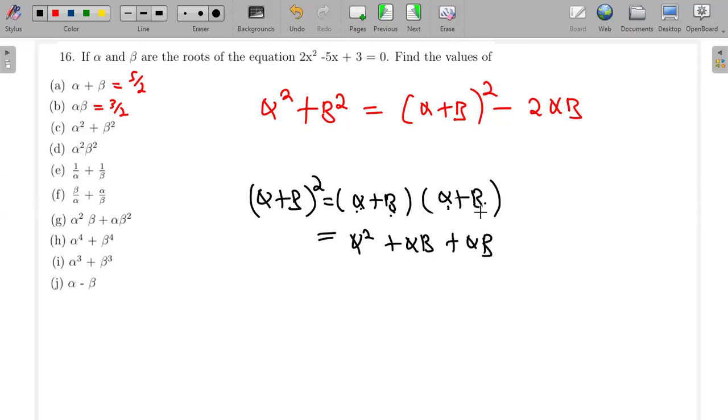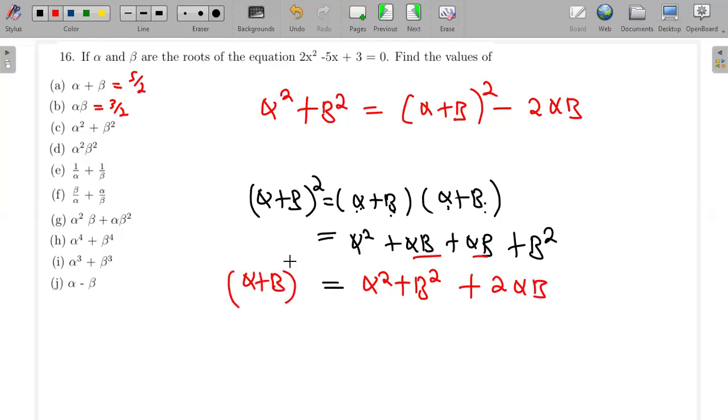And then beta multiplied by beta, I get beta squared. Now my mission here is to make alpha squared plus beta squared the subject of the formula. These other terms I'm just going to add, so I have 2 alpha beta, and on the other side, that is alpha plus beta squared.